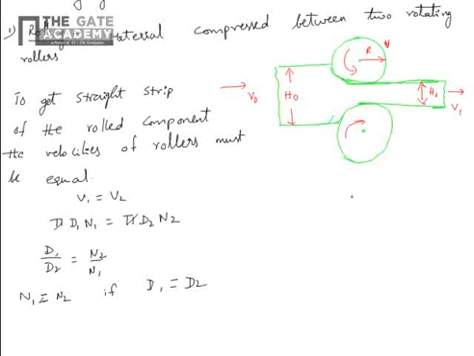If we look at the same diagram and draw a line here, this is O, A, B, C. A is the entry point.